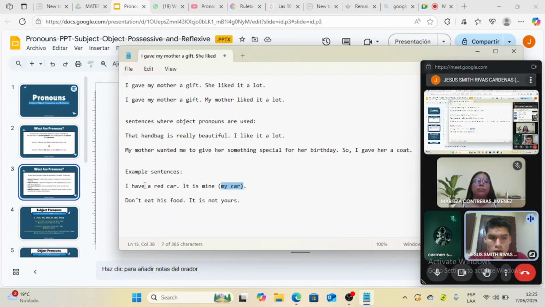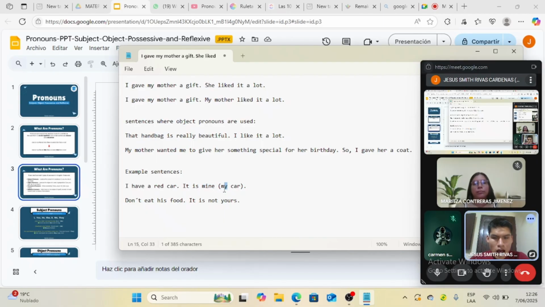I could say, I have a red car. It is my car. But it would sound very unnatural to say so because I'm repeating car, which is not something we want. Because of this, we use mine.